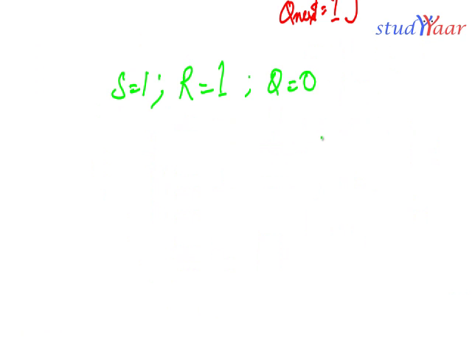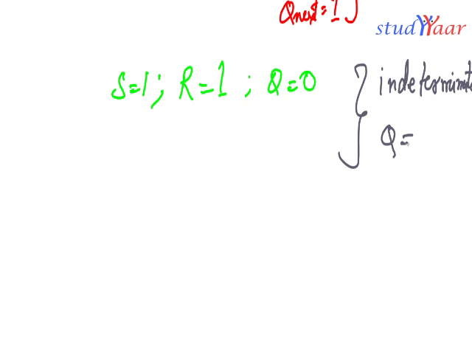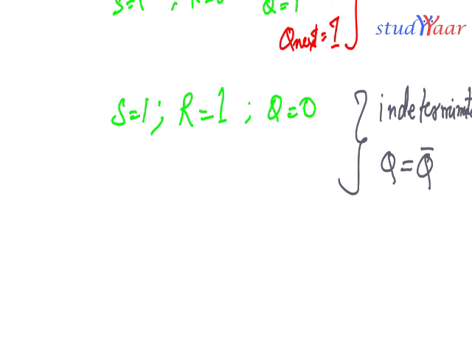So I am going to say that when s is equal to 1, r is equal to 1 and q is equal to 0, this is an indeterminate situation, because my q is becoming equal to q bar and my observation is that q should be complement of q bar.